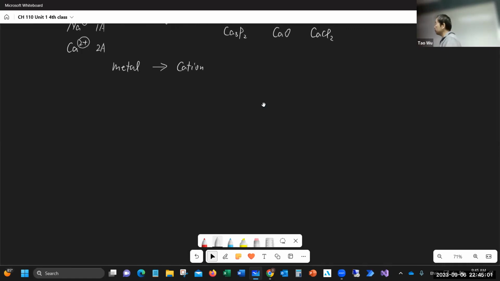And we just mentioned a little bit how to figure out the charge of the ions, right? That's why I give you the common ion sheet. Everyone has the common ion sheet?